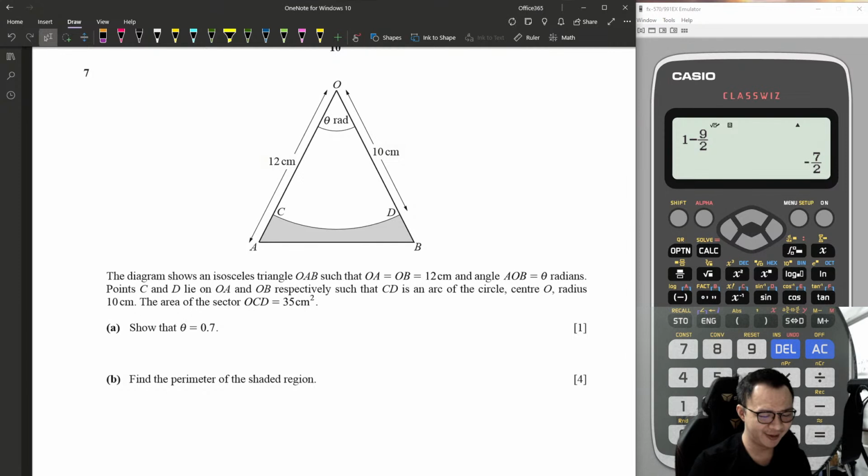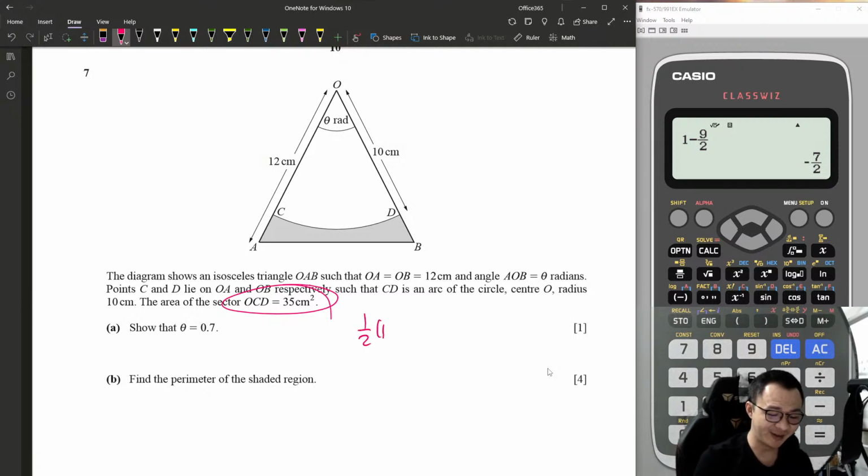Okay. Circular measure, show this one. How to do? We know the area of sector is 35 centimeter square. By solving that one, we can know about theta. We use half r squared theta.